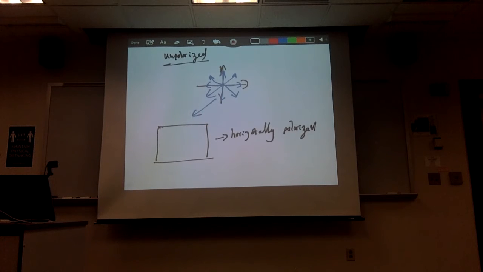In this case, the light which passes through will only be oscillating in the horizontal direction. So the initial intensity gets reduced down to a final intensity equal to 1/2 of the initial intensity.